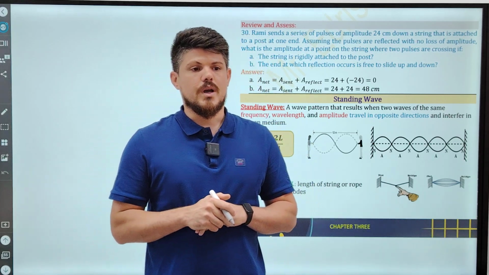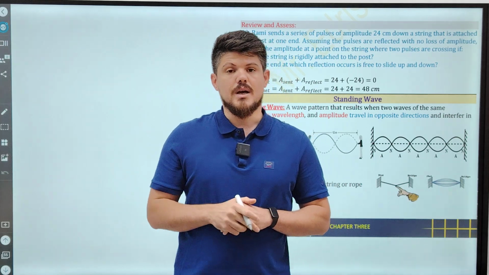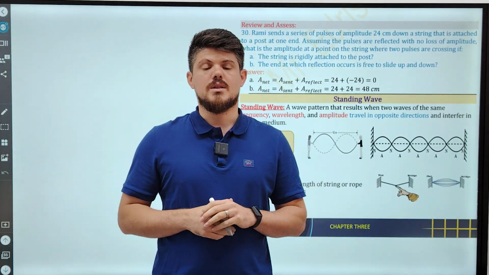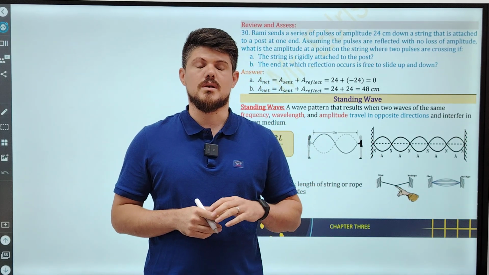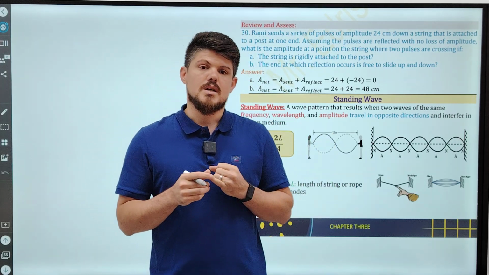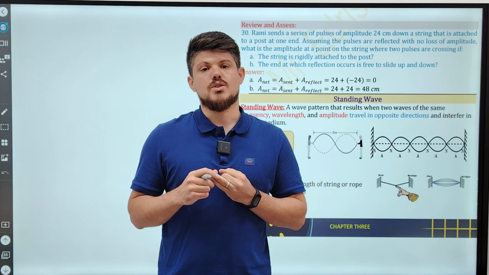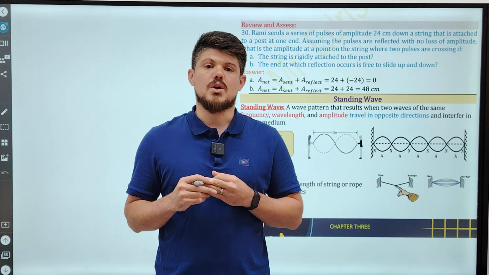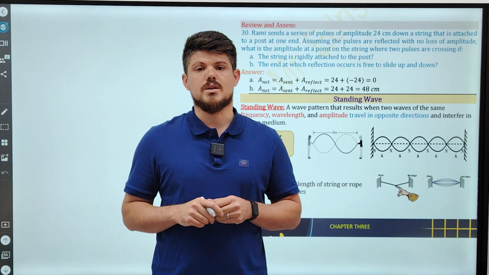So in the mechanical wave, we can divide the interference into three different parts, such as constructive interference, destructive or weakening interference, and complete destructive interference.